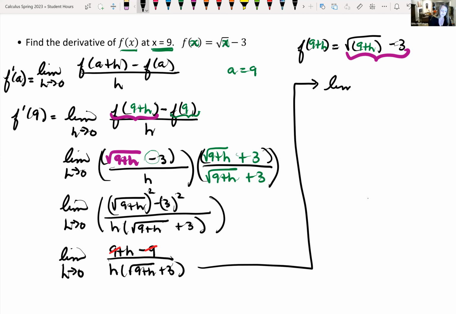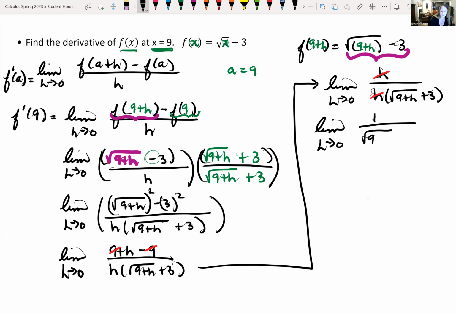So the limit as h approaches 0 of h, all divided by h times the factor of the square root of 9 plus h, outside the radical is a plus 3. Like I said, the h's cancel. So we're left here with the limit as h approaches 0 of 1 all over the square root of 9 plus h, outside the radical plus 3.